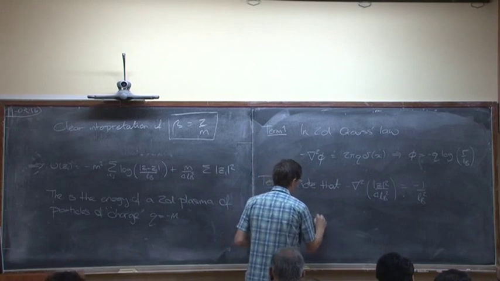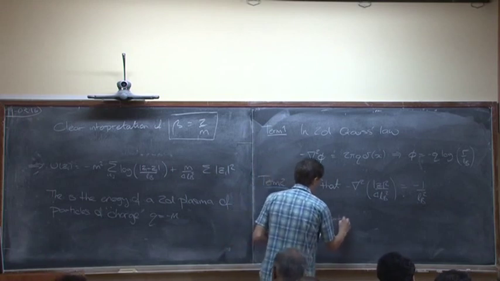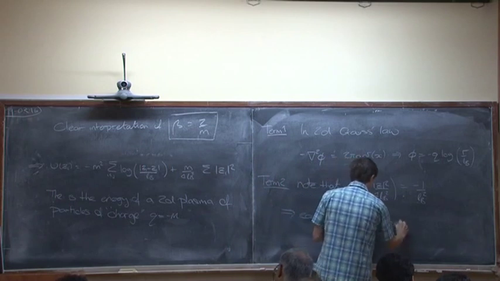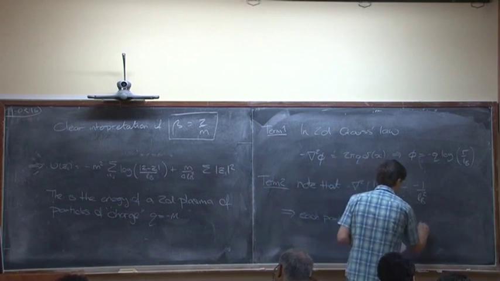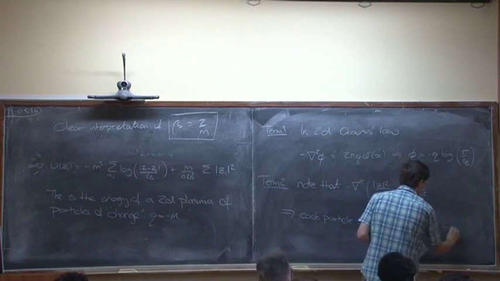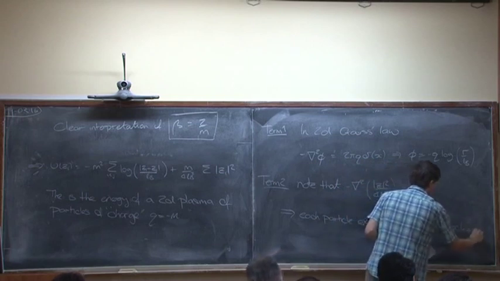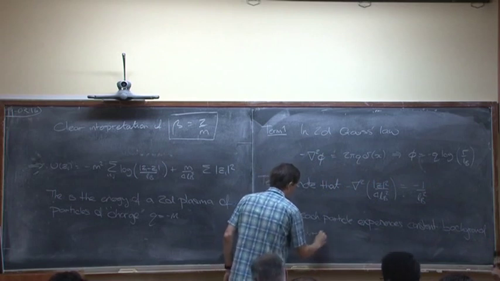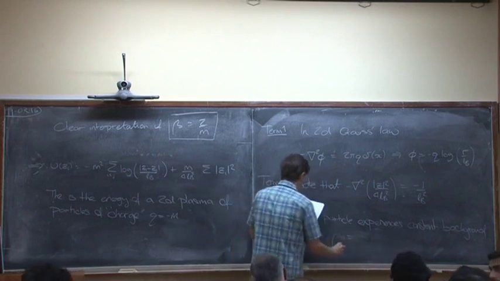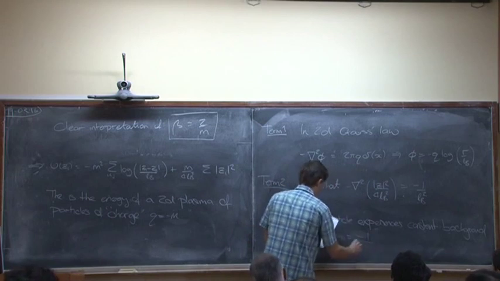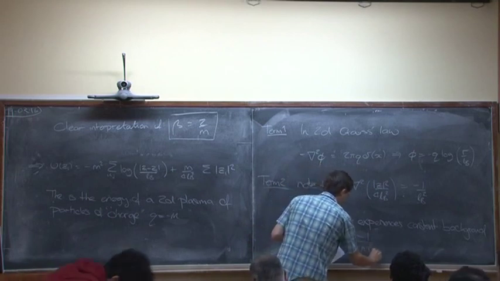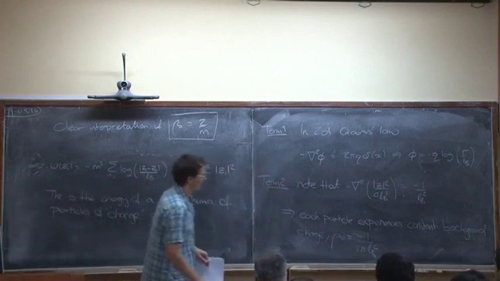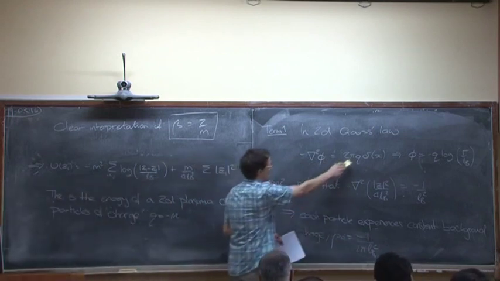Each particle experiences a constant background charge, which, if you put all the numbers in, turns out to be 2 pi is just 2 pi.